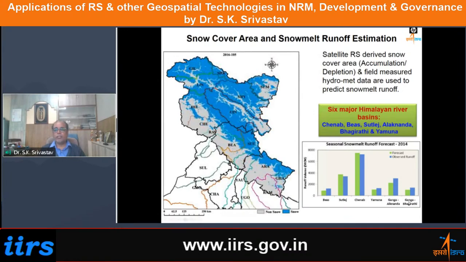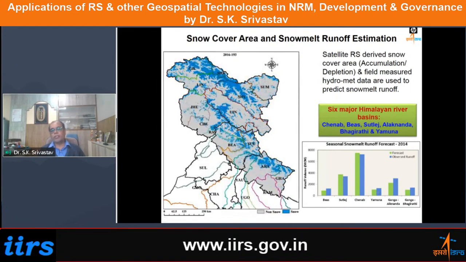You can see the bar diagram on the bottom right, wherein the green bar indicates the forecast runoff volume, which is forecasted through the model, and the blue bar indicates what has been observed by gauging the stream. So there is a very good match, and this work is done on an operational basis for these 6 river basins by the National Remote Sensing Center at Hyderabad.